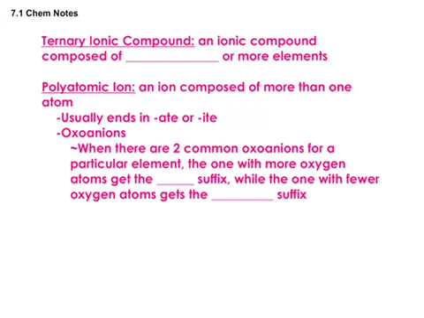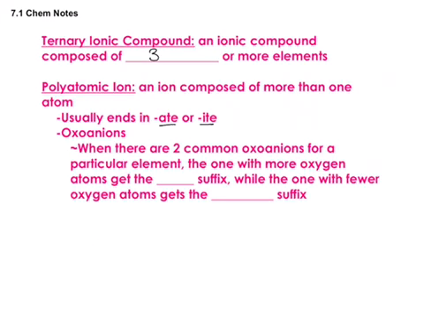Ternary compounds are ionic compounds that are composed of 3 or more elements. And so this is when we start to talk about polyatomic ions. Polyatomic ions are ions composed of more than one atom. They will usually have endings ate or ite, and there can be oxoanions, and this is when there are 2 common oxoanions for a particular element.